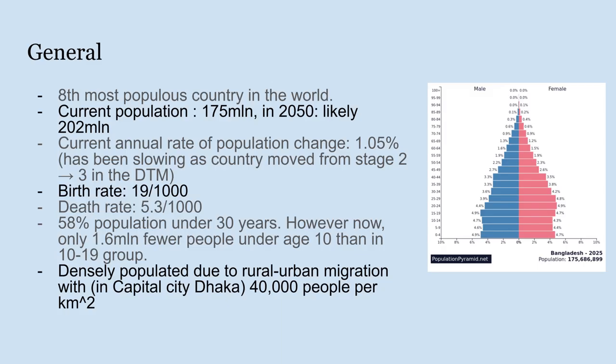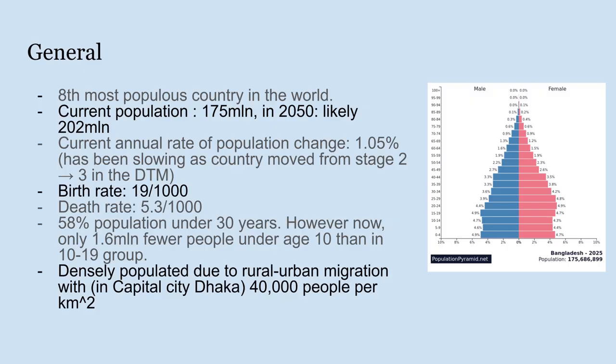The current annual rate of population change is around 1.05% and has been slowing down as the country has moved from stage 2 to stage 3 in the demographic transition model. The birth rate is 19 out of 1,000, death rate is 5.3.